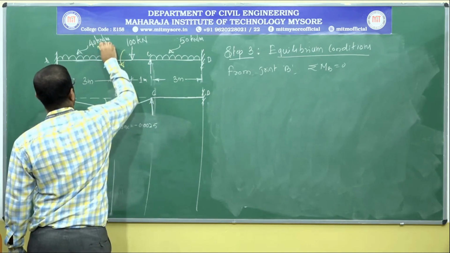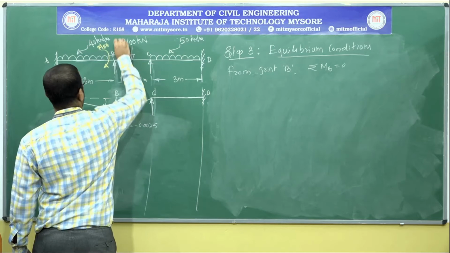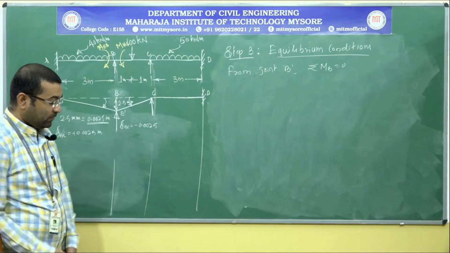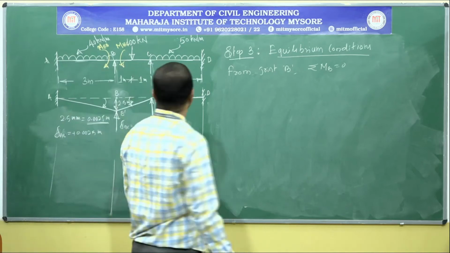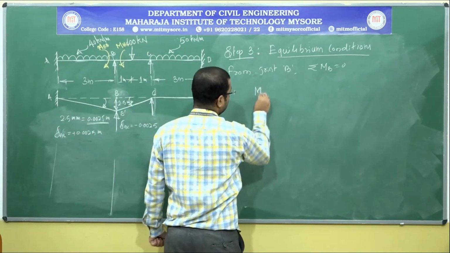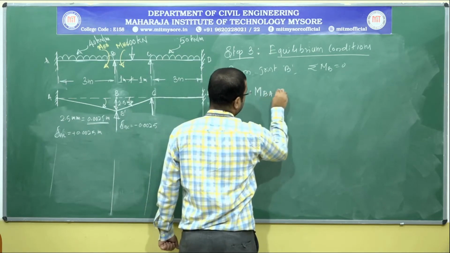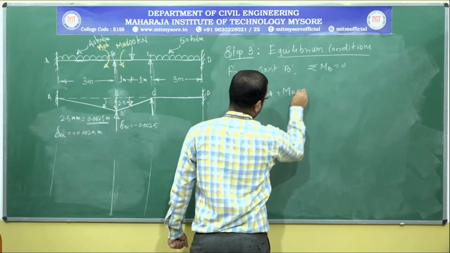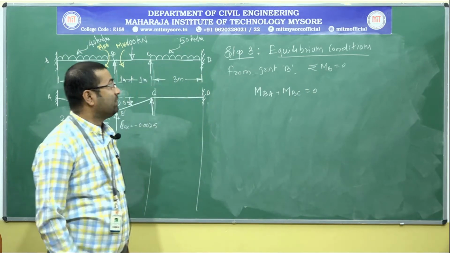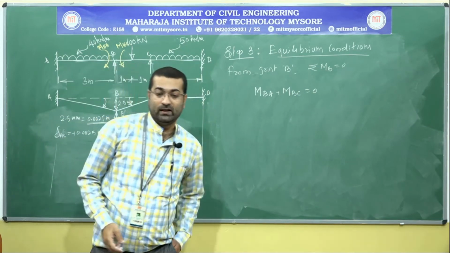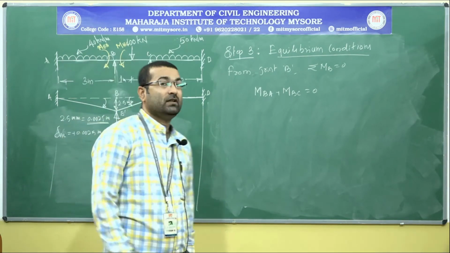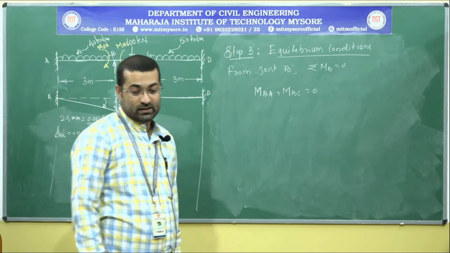That is MBA and MBC; when we add these 2 moments together, the total sum should be 0, that is MBA plus MBC must be equal to 0. Now we need the values for MBA and MBC, and we will get those 2 values from equation numbers 2 and 3.